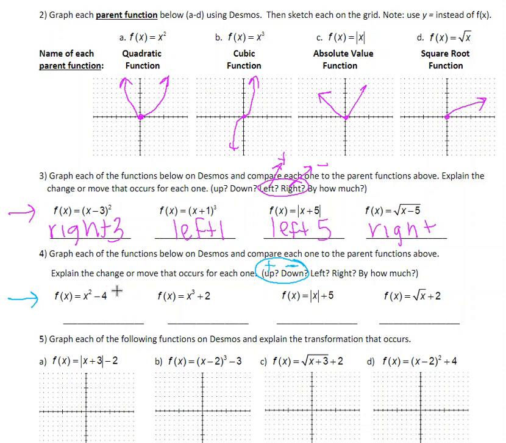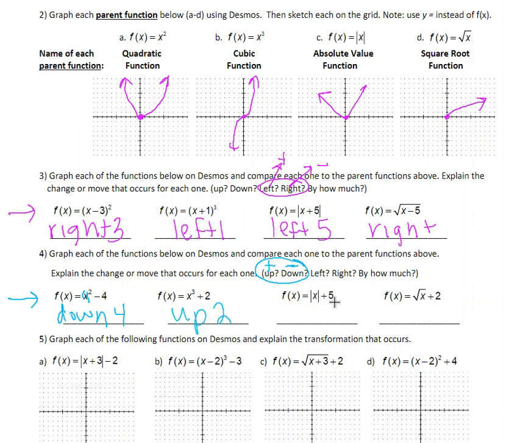If you take a look at this first function, x squared minus 4, the parentheses for this would have been right here. Sorry, but you get the point. So this -4 is like after, so this is going to move it down 4. The cubic plus 2 at the end would take this cubic and move it up 2.